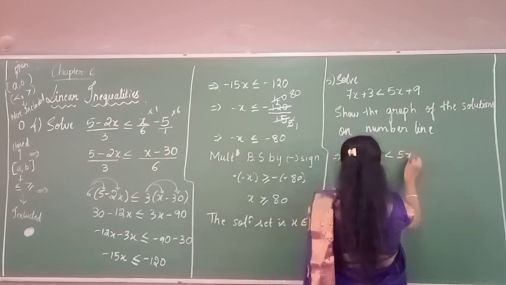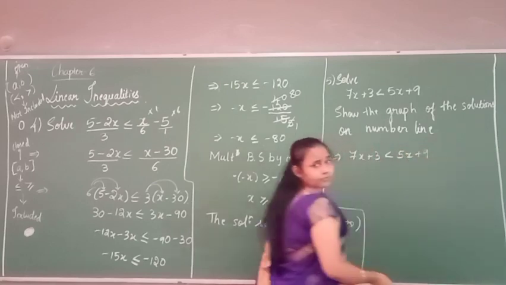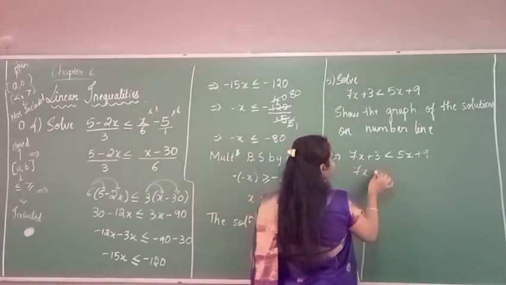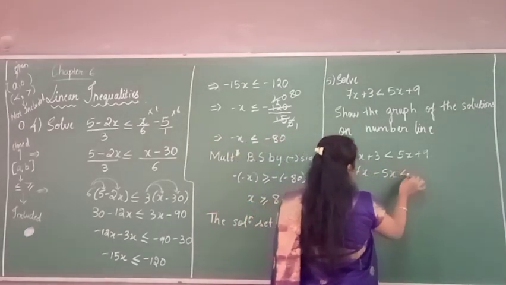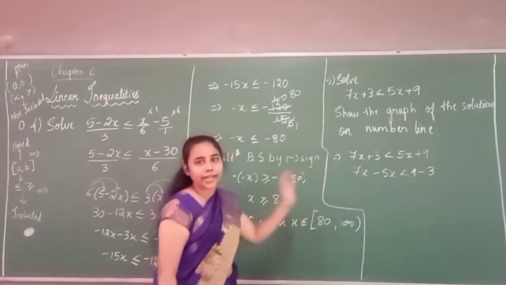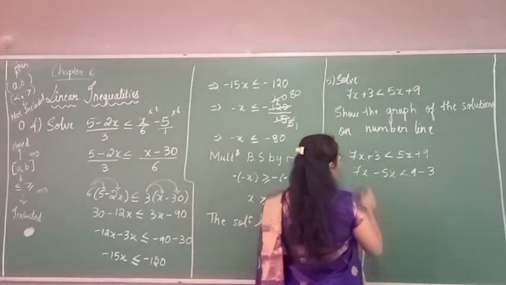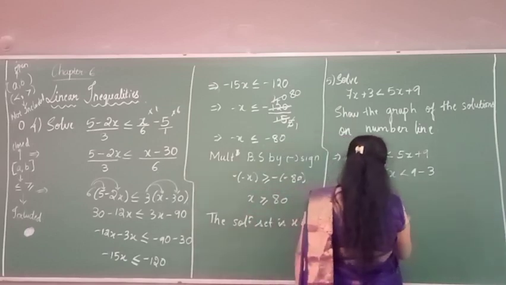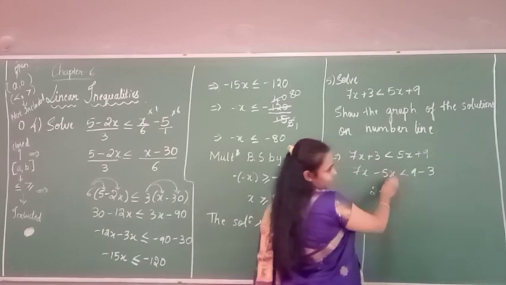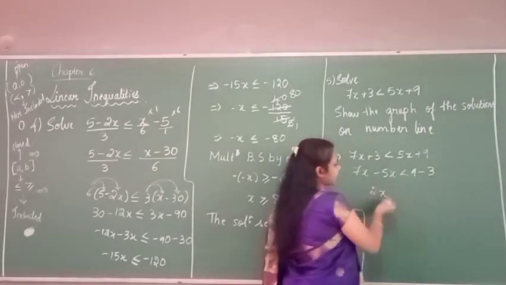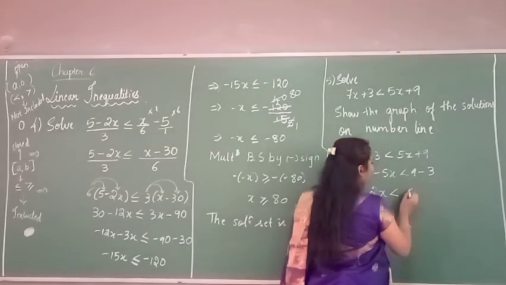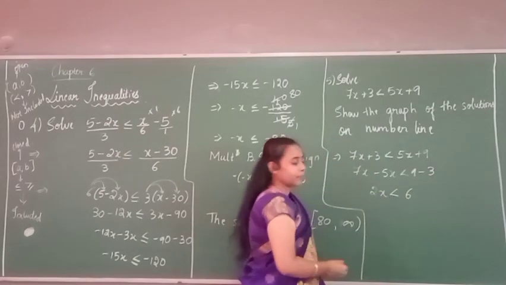So using that concept, let us solve this inequality, that is 7x plus 3 is less than 5x plus 9. So take the variables one side, 7x minus 5x is less than 9 minus 3. Variables one side and numericals one side. So here I will be getting what? 7x minus 5x is nothing but 2x is less than 9 minus 3, which is nothing but 6.